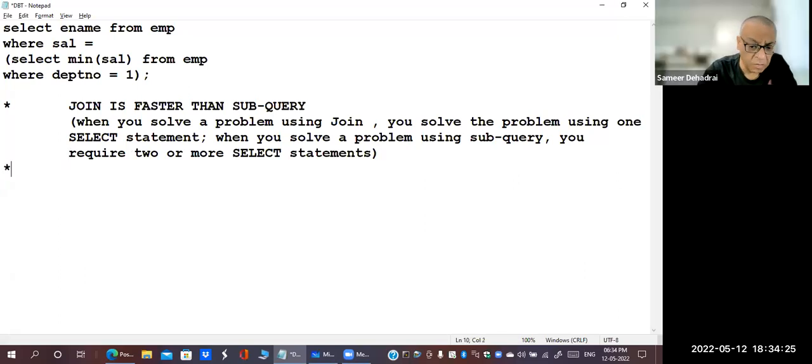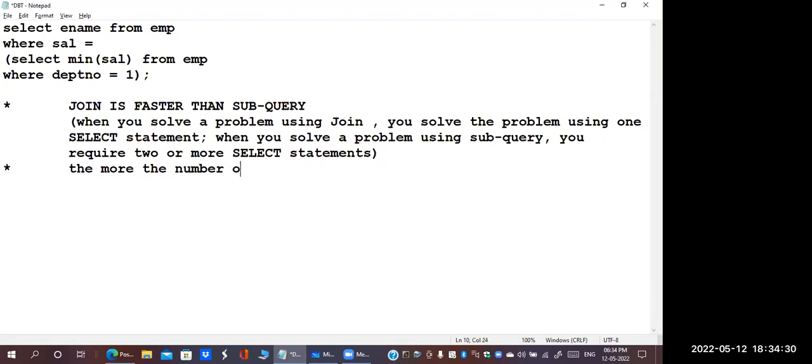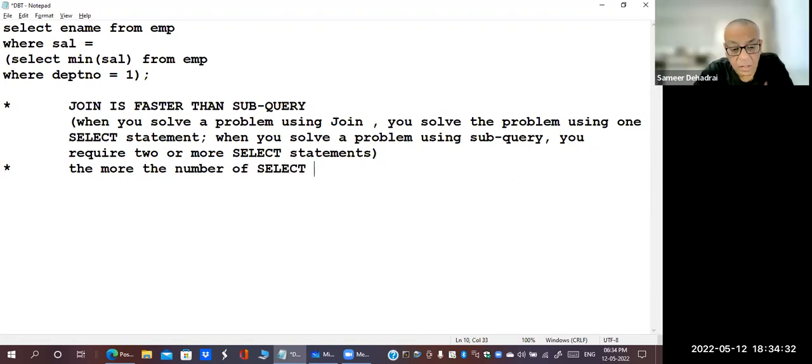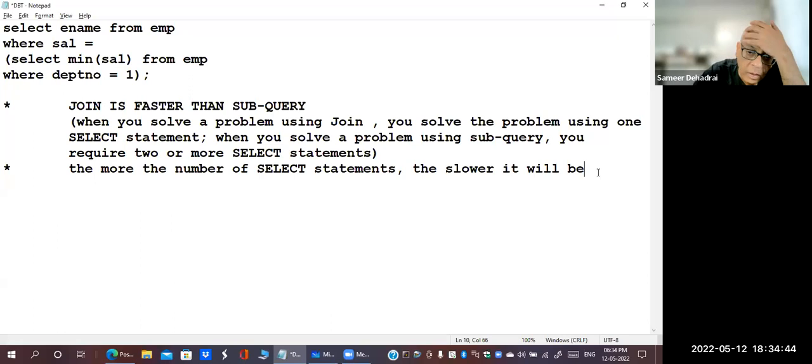The more the number of select statements, the slower it will be.